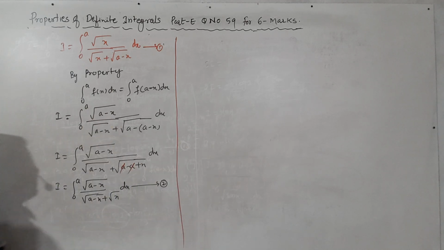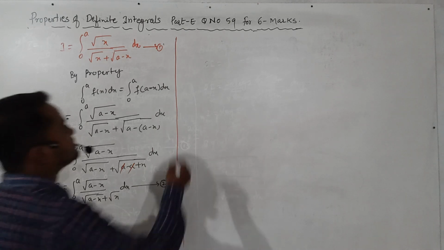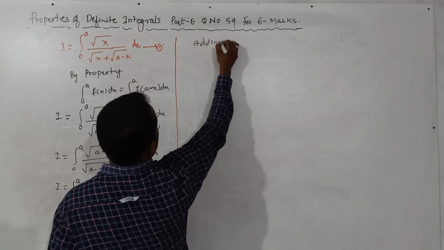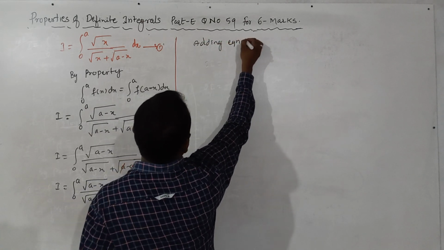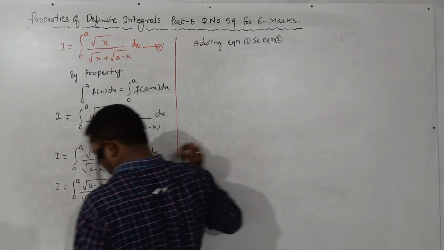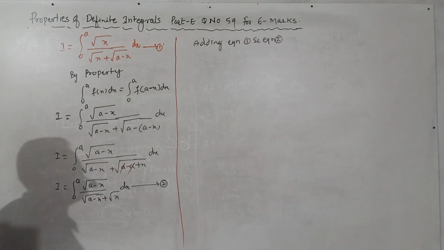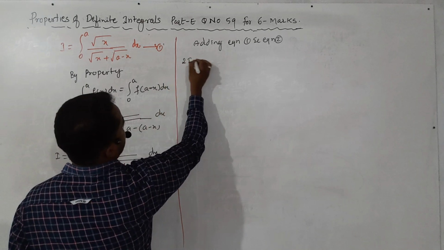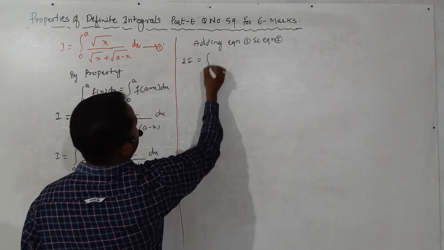Now adding equation 1 and 2. I plus I, 2I, is equal to integral 0 to a.